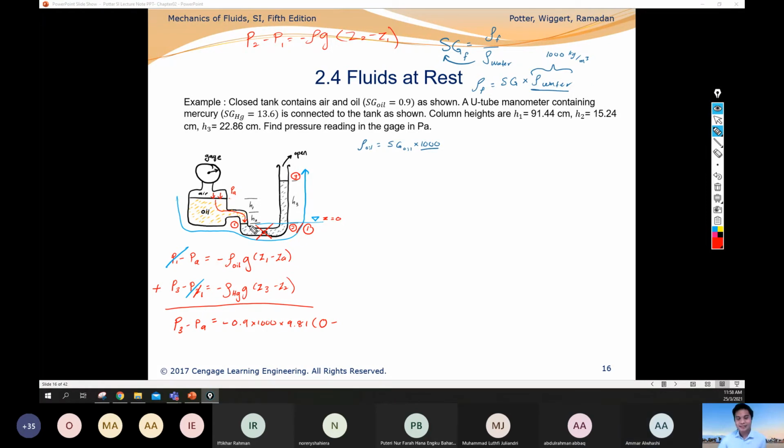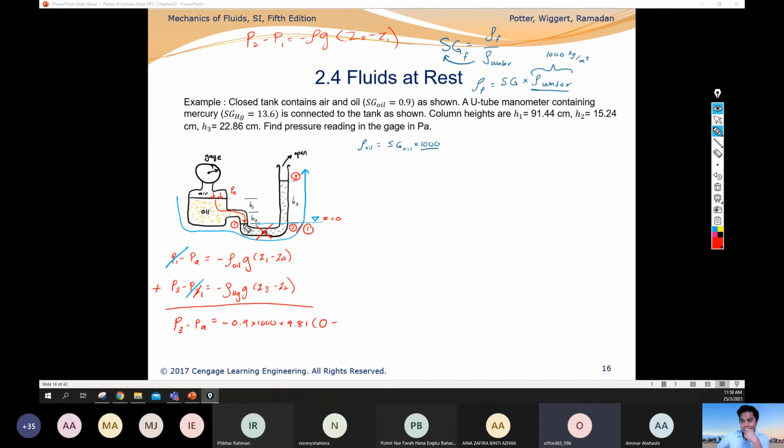Aina Zafira, can you explain why zero? Because the starting point of the gauge calculation is from point 1 and point 2, so it's 0. Okay. Shafiq, where is the reference line?